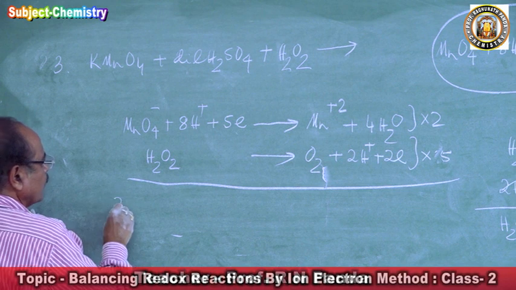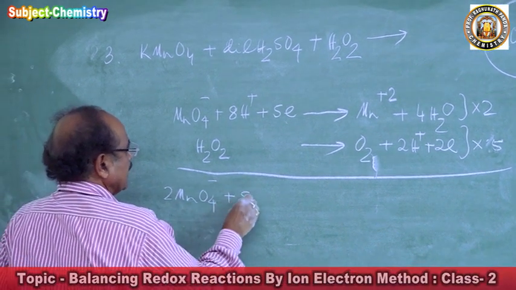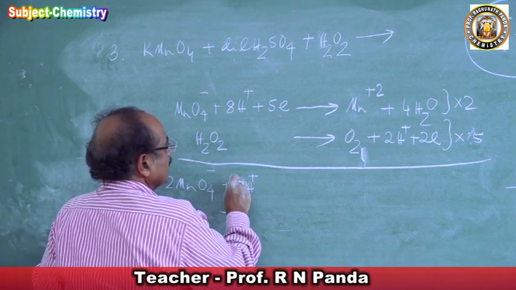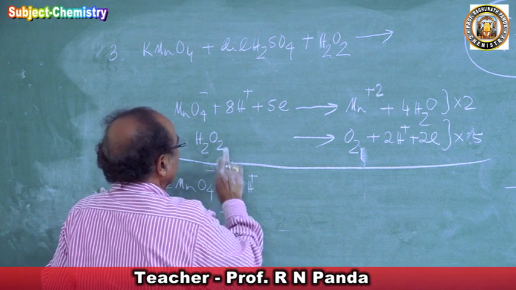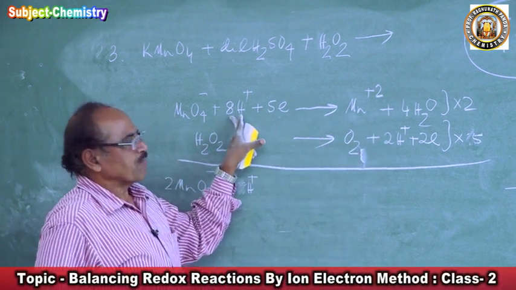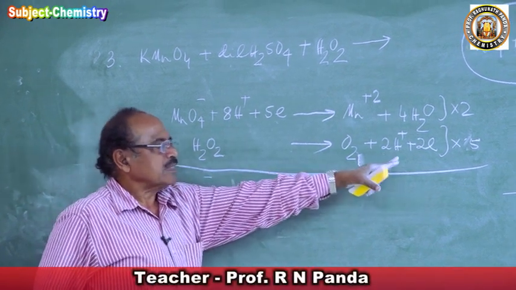So we'll get 2 MnO4 minus plus 16H plus. You see, in the first equation we have 16H plus on the left side, and on the right side you have 10H plus, 2H plus into 5, 10.